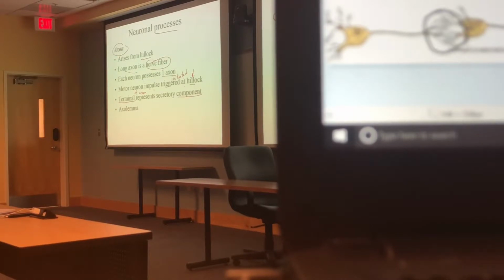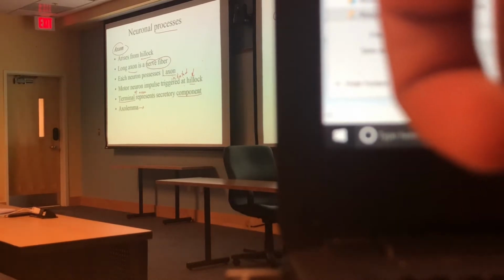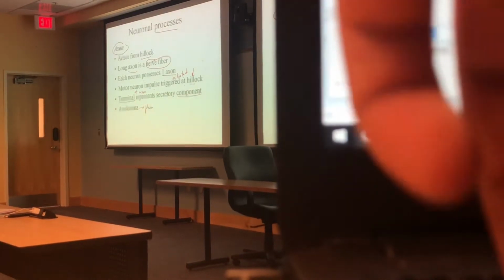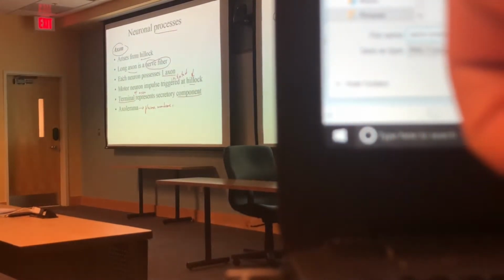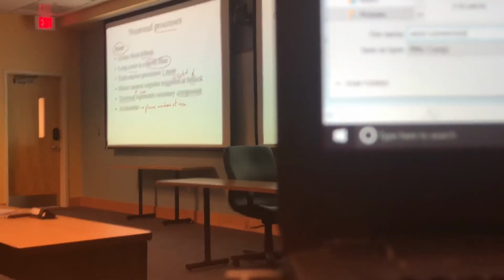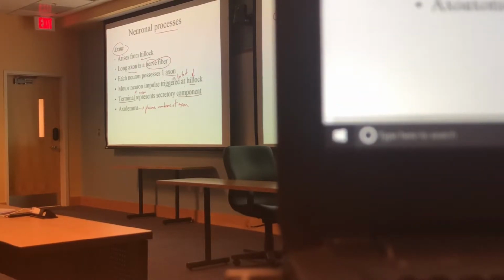Okay, what is axolemma? Axolemma is a fancy term that describes the plasma membrane of the axon, okay? All right, guys, the axon is an extension of the actual neuron. Yes, it is, but since these things can travel great distances, they address the plasma membrane of that axon as the axolemma.